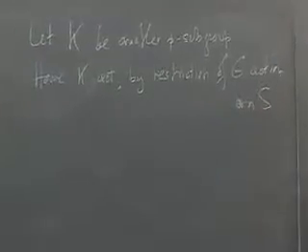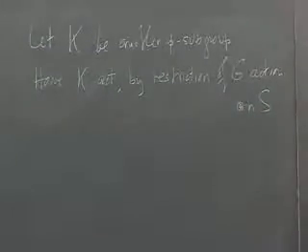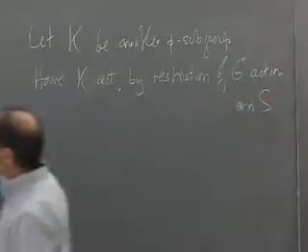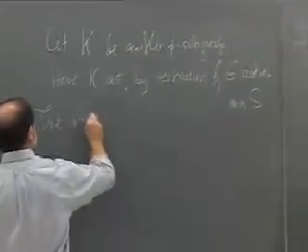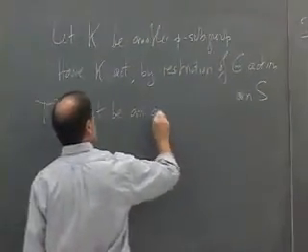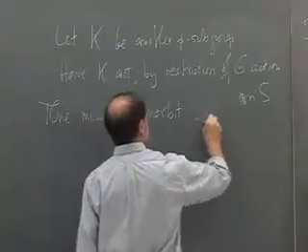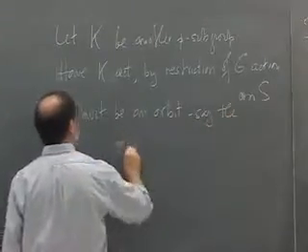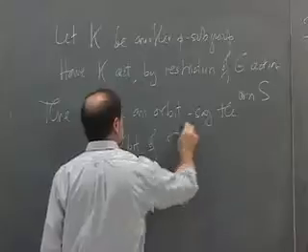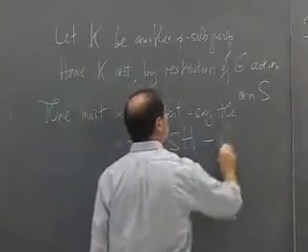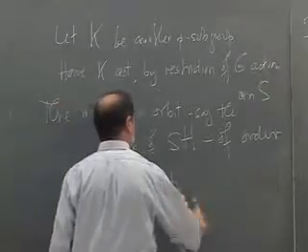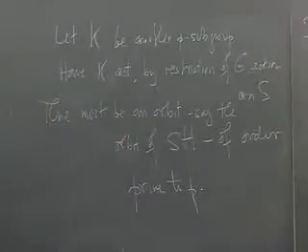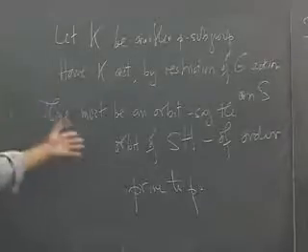That makes sense. Okay? Again, since the order of the set is prime to p, there must be an orbit, say the orbit of sH, of order prime to p. Because if all the orbits had size divisible by p, the entire set would have size divisible by p, but it doesn't.